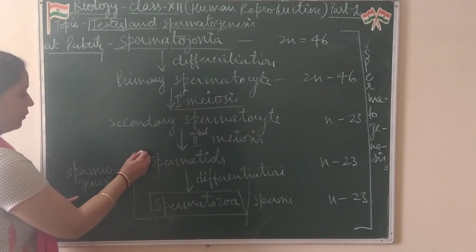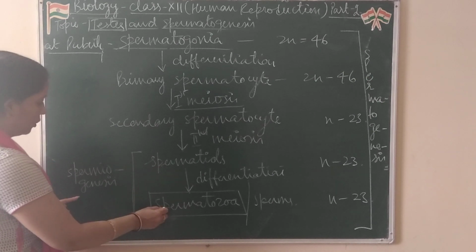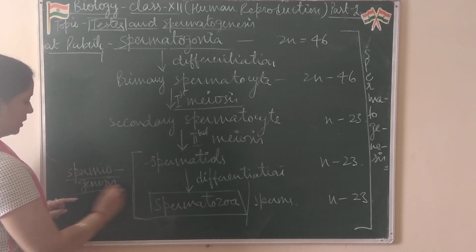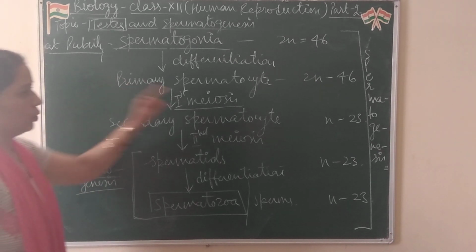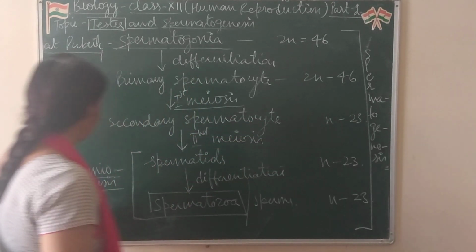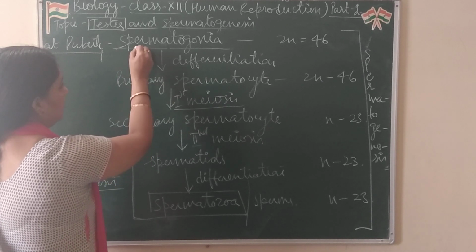And the differentiation or maturation of spermatids into spermatozoa, that last step, is called spermiogenesis. So you have to make out the difference between the two terms, spermatogenesis and spermiogenesis. Now we'll see it once again.